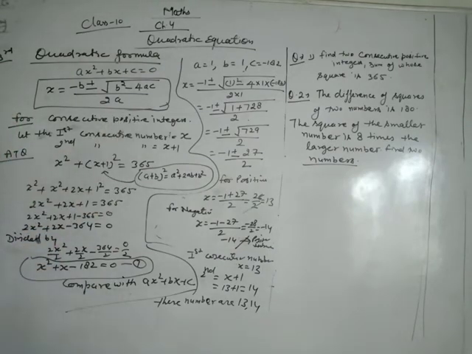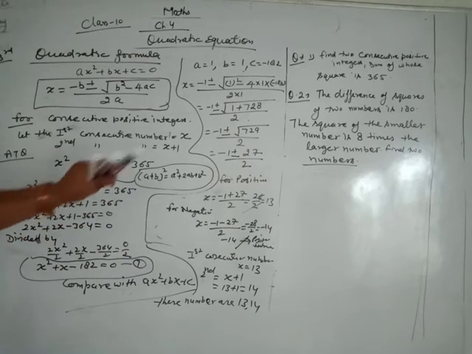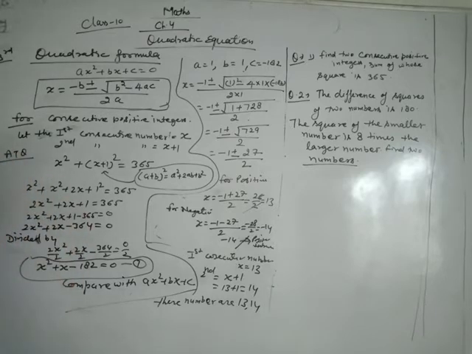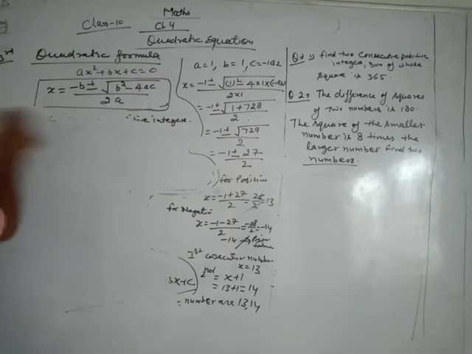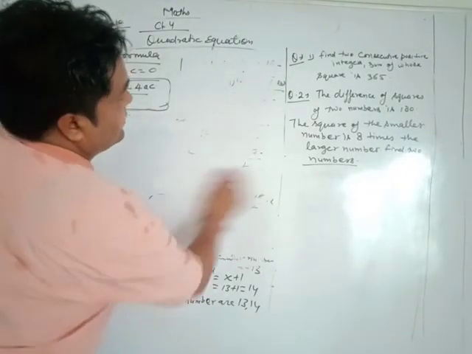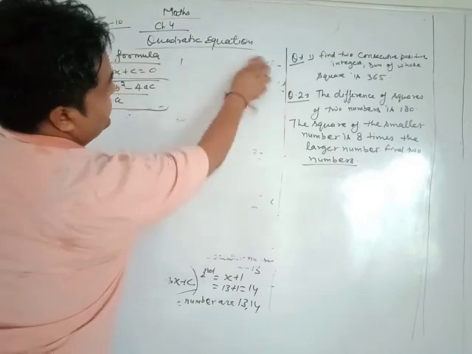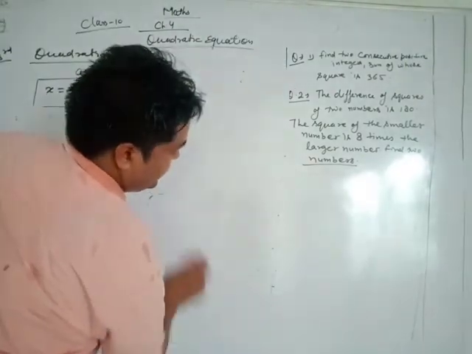For the second question of this, I will make only the equation, and you solve it yourself. Second question is here: the difference of squares of 2 numbers. Listen carefully.